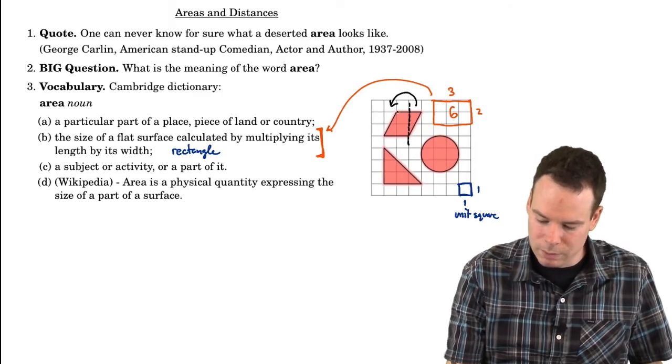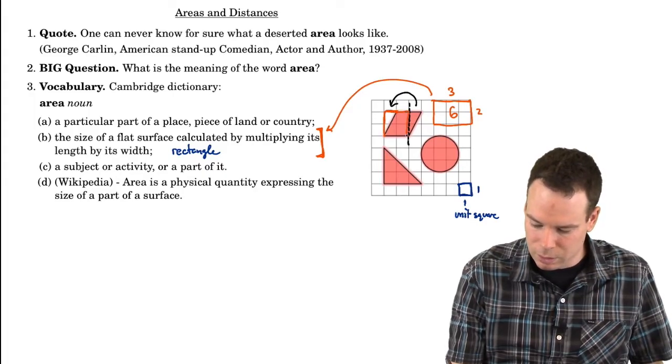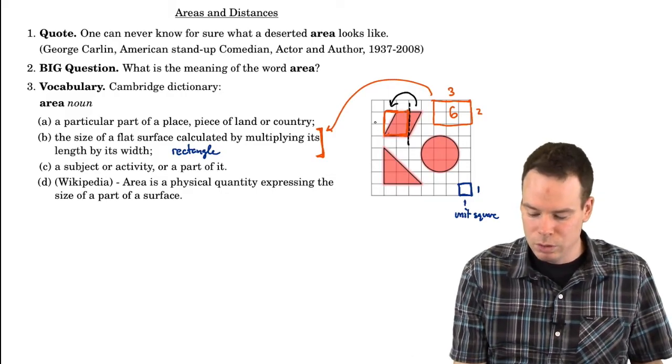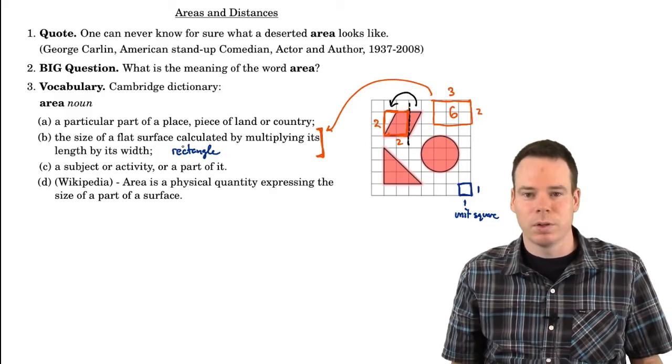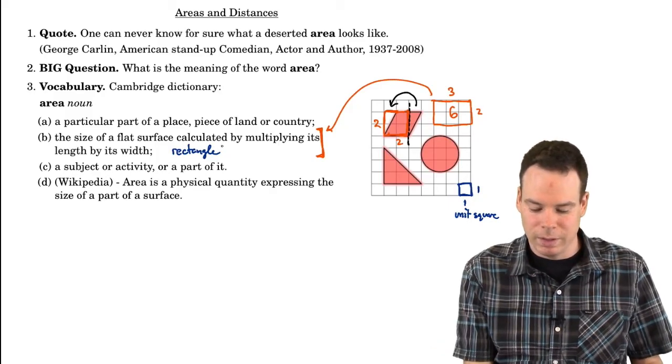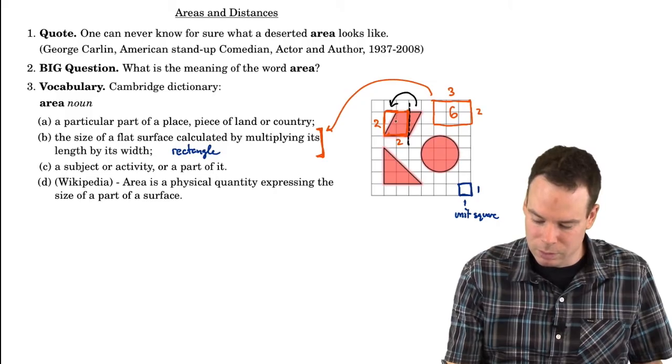And if I do that, I get that filled in region, and so the region then just becomes equivalent to a 2 by 2 square. And so now I can refer to the area of a rectangle as its length times its width. So the area of this thing is 4.